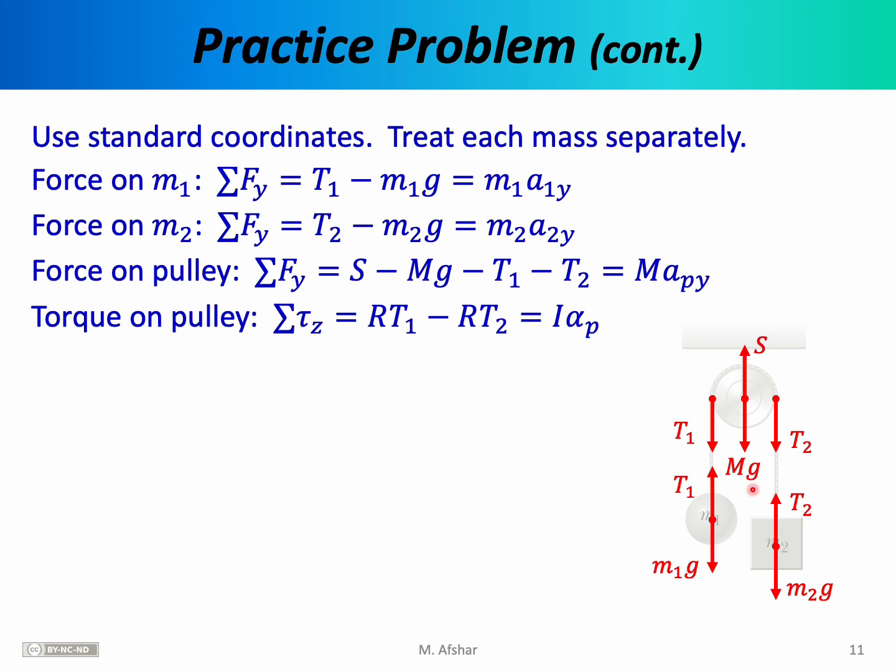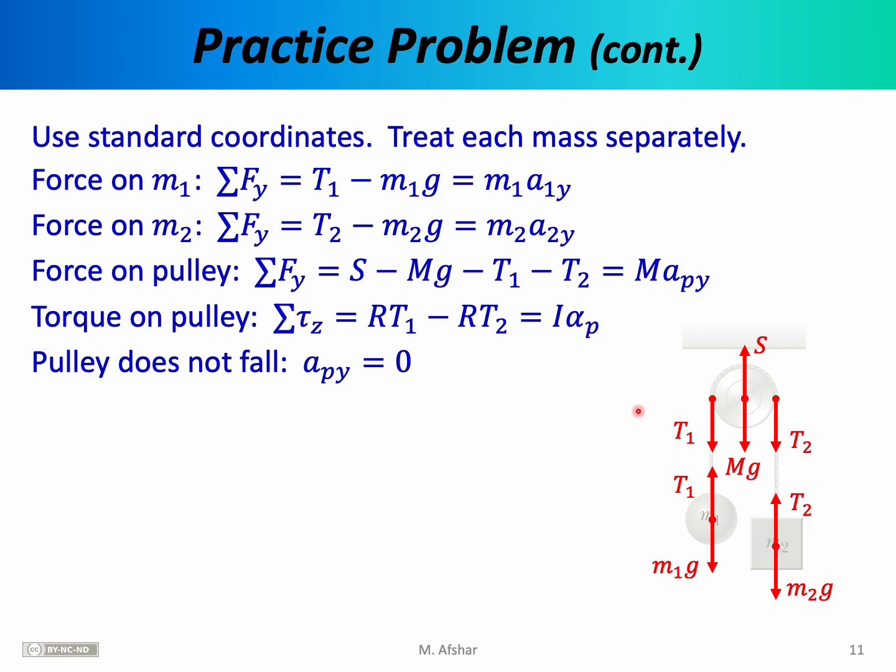Notice that the torque due to the weight of the pulley and the support force is going to be equal to 0 because the distance of those forces to the center of mass of the pulley is 0. And according to the angular version of the second law of motion, the net torque must equal inertia times angular acceleration. Now note that we've been treating the problem quite generally.